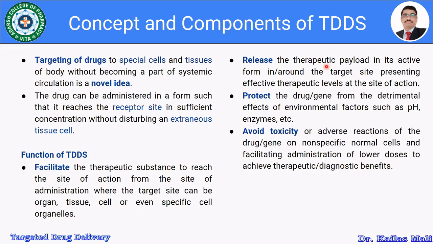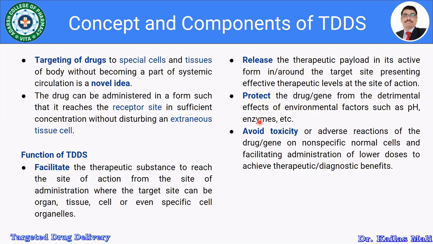It should release the therapeutic payload in its active form in or around the target site, providing effective therapeutic levels at the site of action. So the drug should be released in its active form at the target site. It should protect the drug or gene from the detrimental effects of environmental factors such as pH or enzymes.